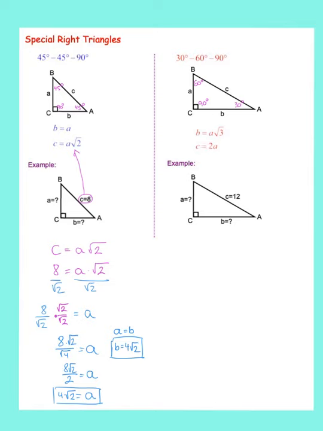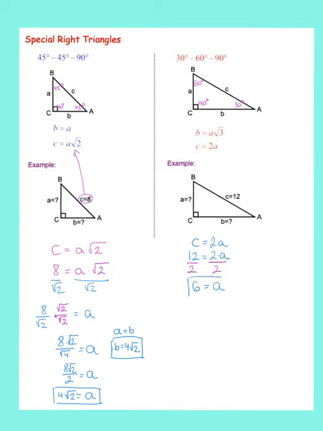So I'm going to give you an example where I gave you the hypotenuse, which is C equals 12. Let's find first: C equals 2 times A. So I substitute 12 equals 2 times A, and if I divide both sides by 2, I'm going to have A equals 6.